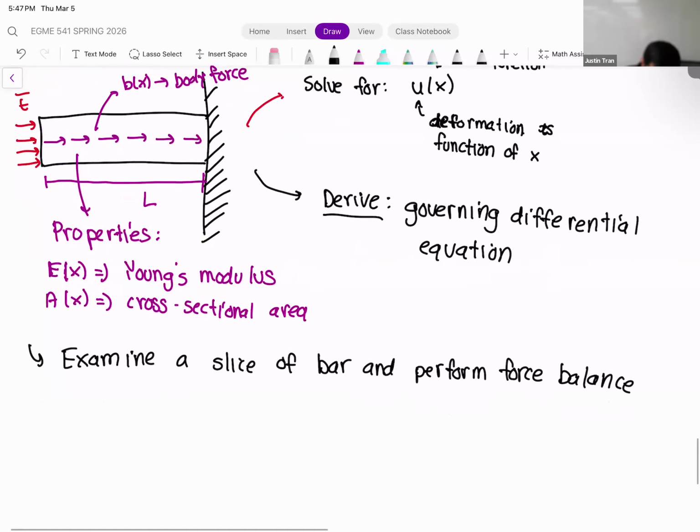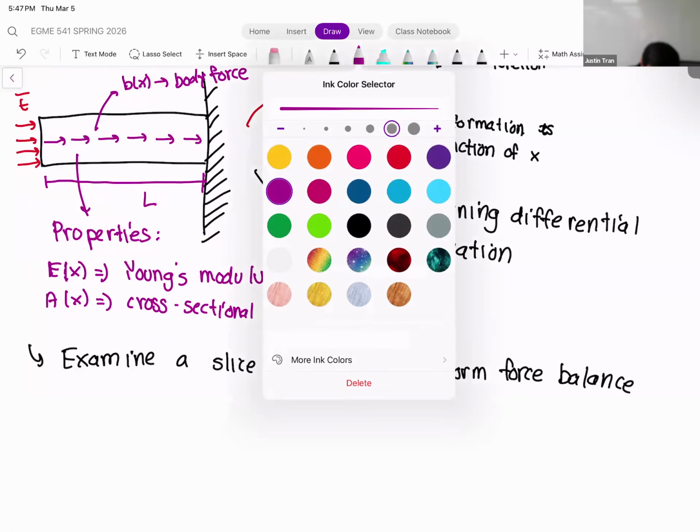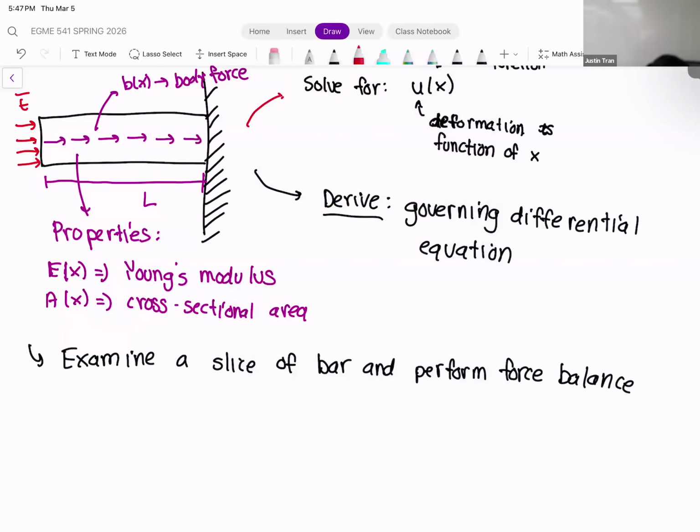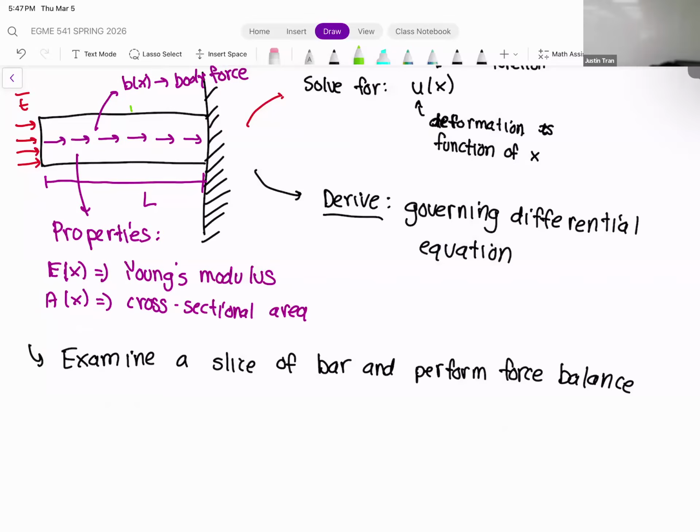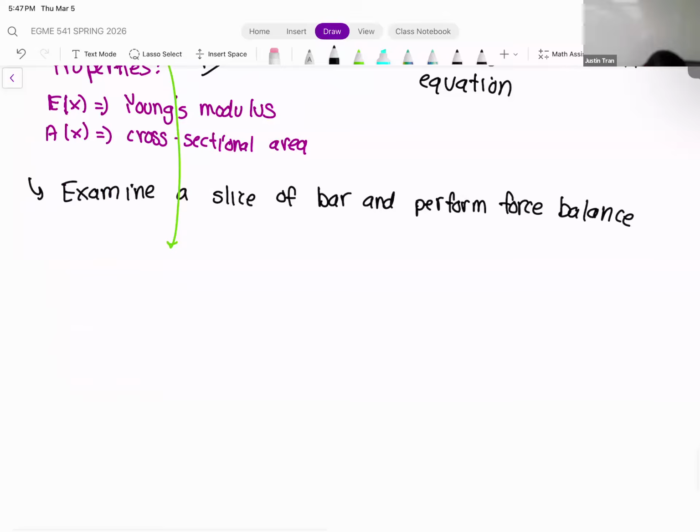I've used red before, so let's use green. We're going to cut out a small slice of the bar just like that. So we cut that piece out, and we have this piece of the bar just like that.